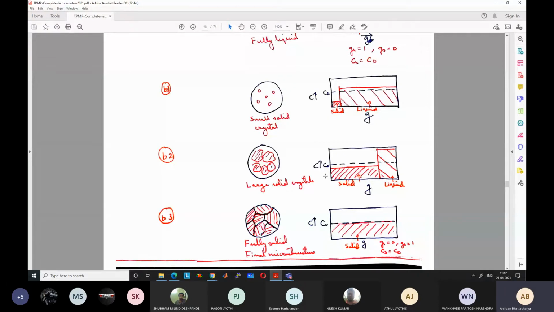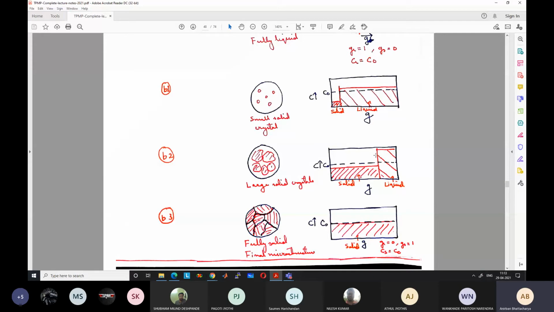In real life, this cannot happen. What will happen is that when the first solid solidifies, it may solidify with 5% concentration. When the next amount of solid solidifies, it will solidify with 6% concentration, then 7% concentration with increasing concentration. So there will be a gradient of concentration set up in the solid. Okay.